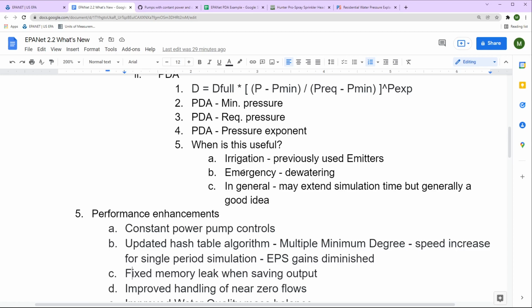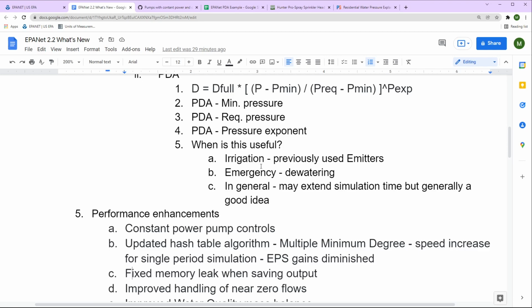Also, emergency situations. Here in Texas, February 2020, we had a disastrous cold weather event that gave us outages everywhere, lots of main breaks, and we had trouble keeping water in the network.